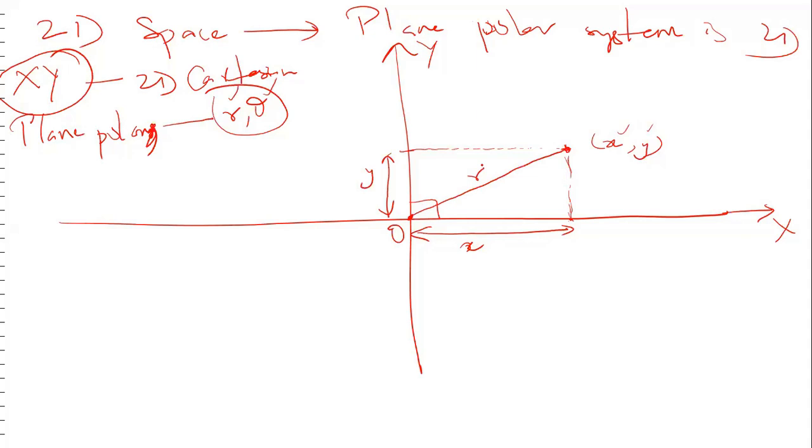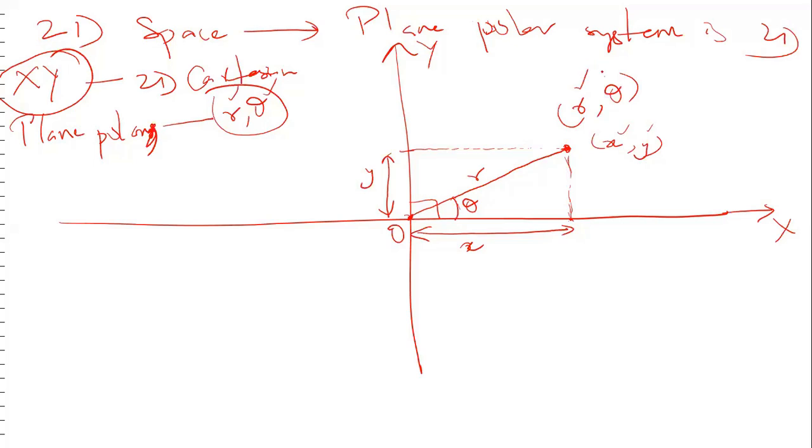And what is your theta coordinate value? The theta coordinate value is the angle subtended with the x-axis. If you know the distance from the origin, r, and the angle subtended, theta, then you will be able to identify this point.